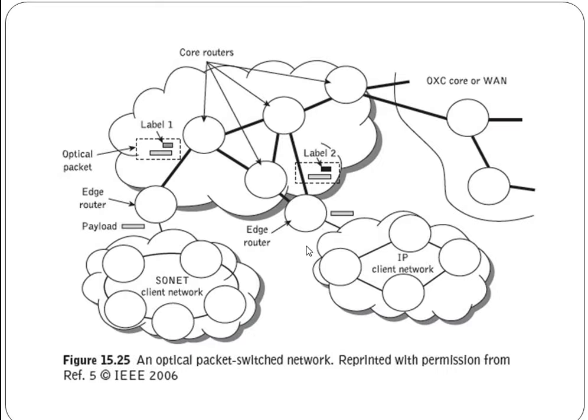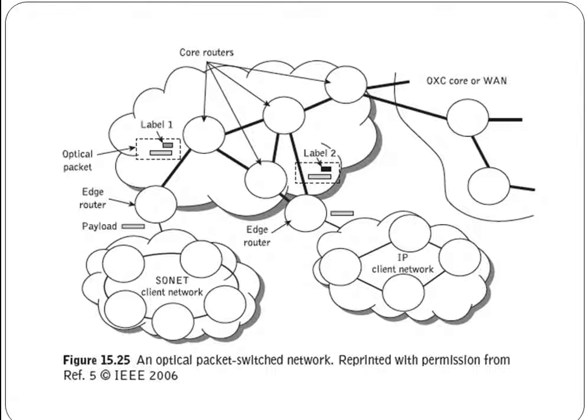The edge routers perform the functions of attaching and detaching a label, as identified for label 1 and label 2 attached to two different optical packets being transmitted to specific networks, that is to the IP and SONET client network.